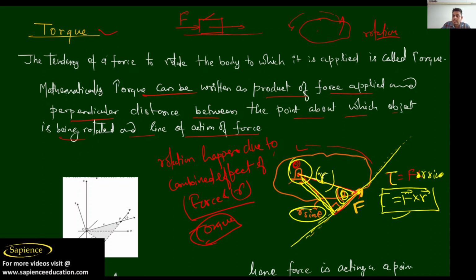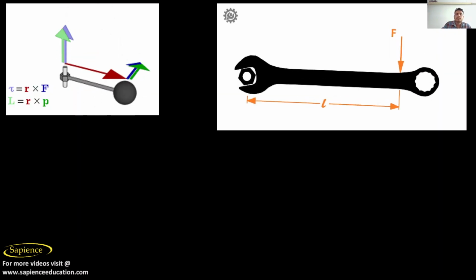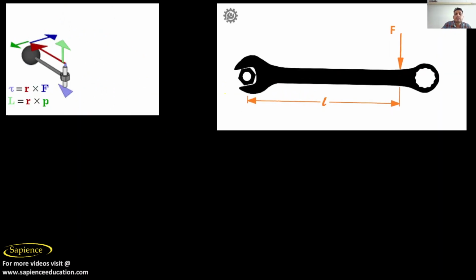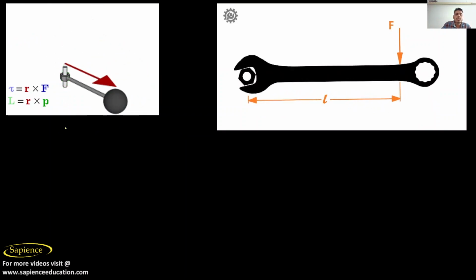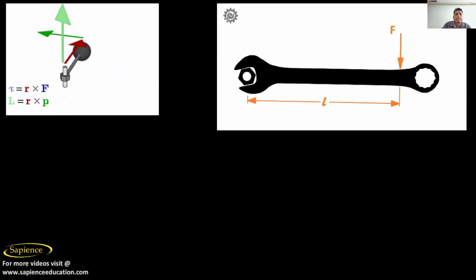Suppose a force is acting, so draw a line of action of force along the force direction, and the line which is perpendicular to this is known as r into sine theta. So you will get the torque. Now see the diagram. Due to torque, this rotation is happening. Okay, this rotation is happening due to torque only.